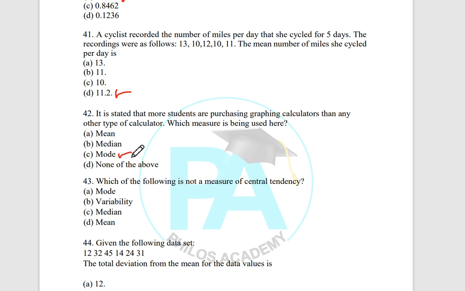The mode is the most occurring value. So we use the mode. The word more here tells you that you use it to detect the one that occurs the most, so it's the mode.